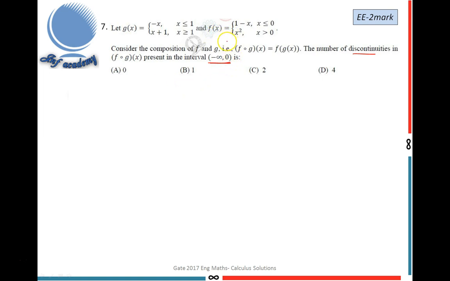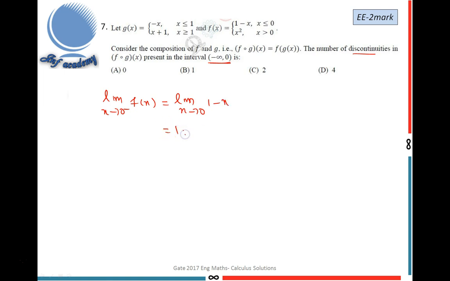The function f of x is continuous in what interval? Okay, limit x tends to 0. Here this is a piecewise function, so limit x tends to 0 minus, the left hand limit at x equal to 0 in f of x, is limit x tends to 0 minus, means x less than 0 values, x tends to 0, x less than 0 is 1 minus x.